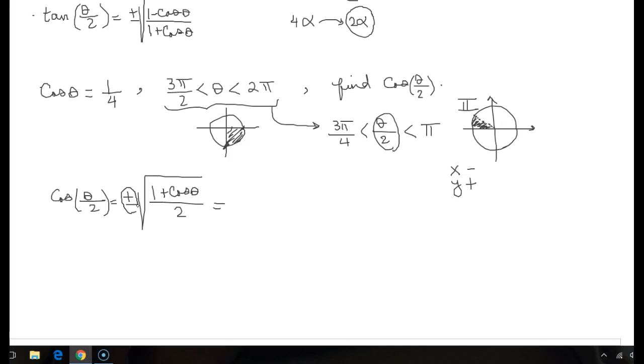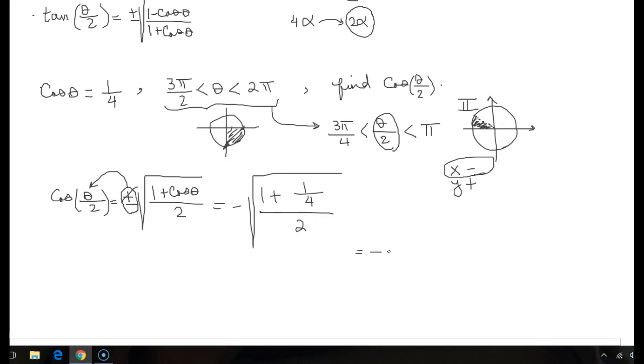This positive negative relates to theta over 2, doesn't relate to theta. So although cosine of theta is positive, cosine of theta over 2 is negative because of the quadrant that it belongs to. So then I'm going with the negative square root. And then it's 1 plus, substituting the value that is given to us. The rest of it is just calculation.